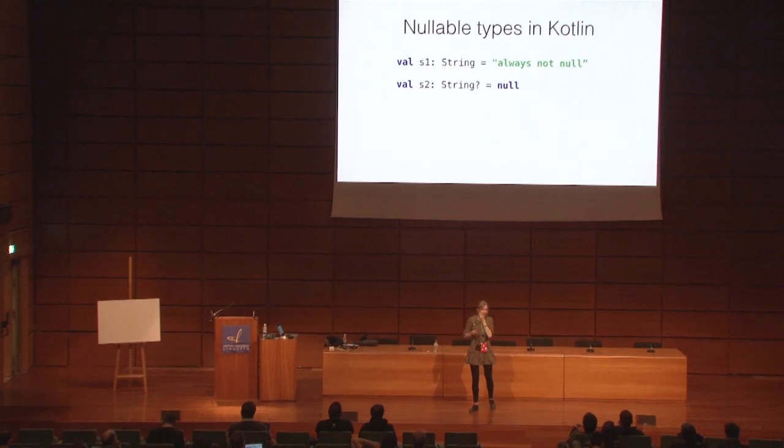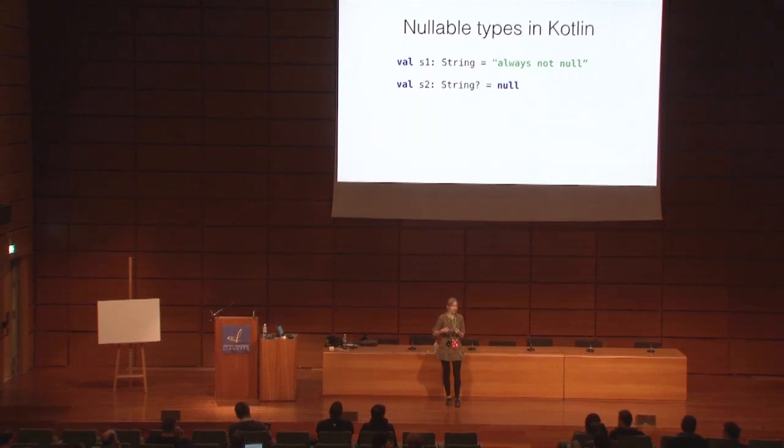When you declare a variable in Kotlin, you can declare it as a usual variable, like String. And in this case, it differs from Java. It can contain only non-null objects. So the value of String type cannot contain null.